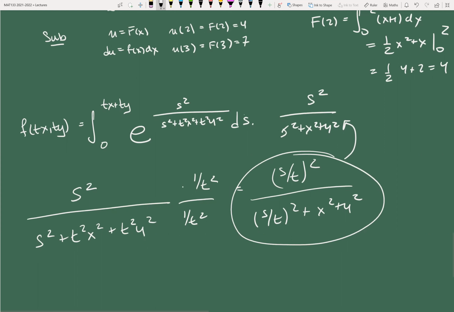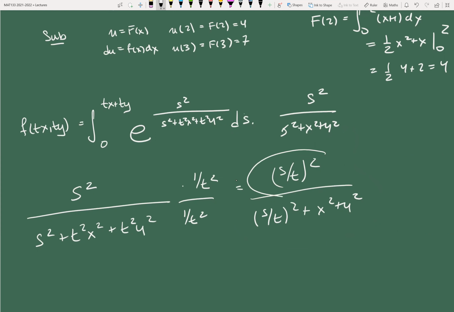Basically what you're trying to do is get this thing to look like this thing, maybe with a different variable name. And then you're trying to make this thing look like this thing. It might have a different name, but that's okay. What is du? t is a constant. In this expression, s is the variable you're integrating with respect to, so t is just a number.